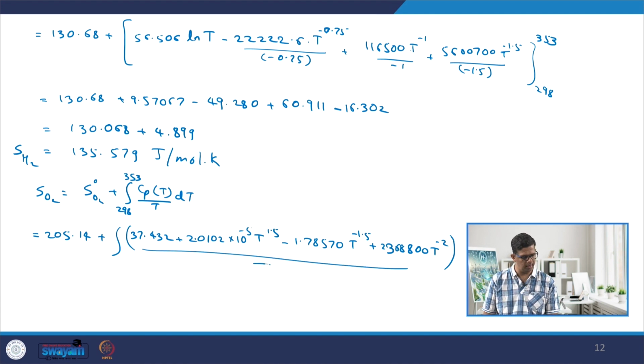This whole is divided by T dT from 298 to 353.